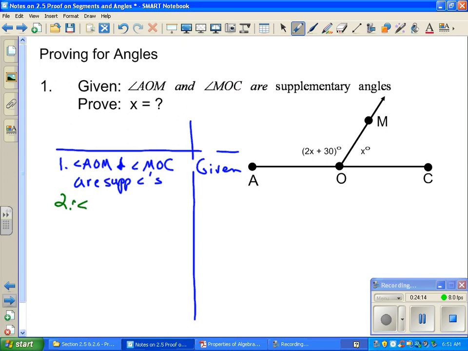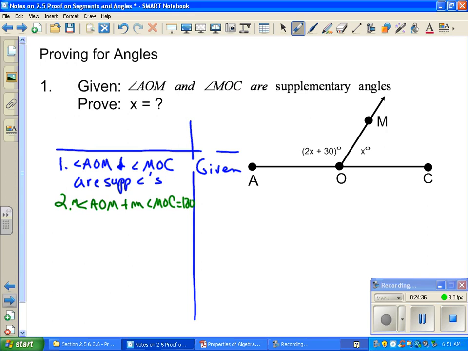So the measure of angle AOM plus the measure of angle MOC is equal to 180. We know that because we've been doing that. We've added 2 angles together and get 180. We've added 2 angles together to get 90 for complementary. So we can set that statement up because the given told us it did.